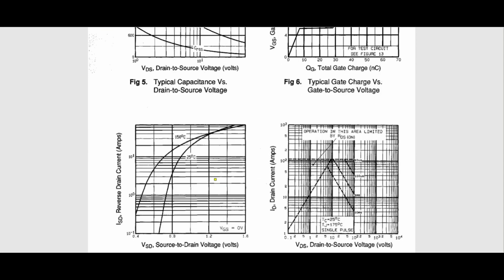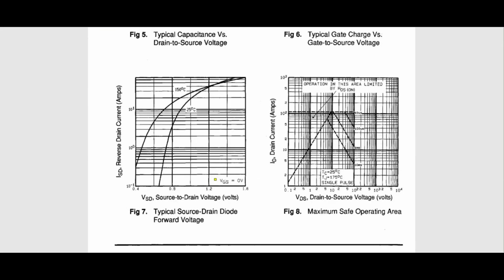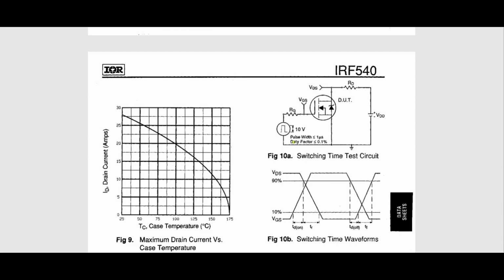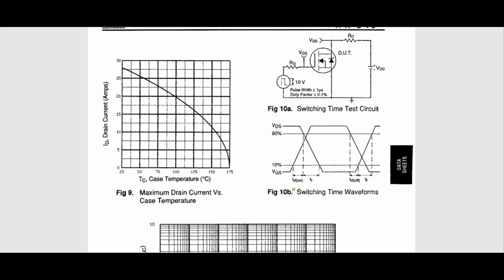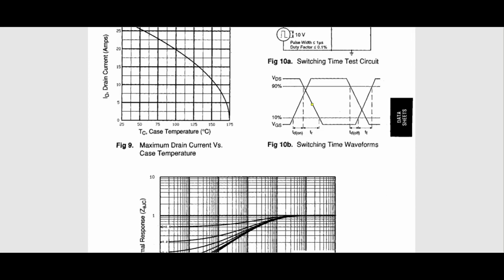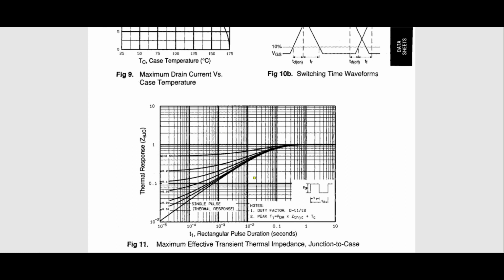There are a few other graphs that I will allow you to explore, and there are some test circuits for testing the switching time. You see the VDS waveform here and you have the VGS waveform. They have not given the ID waveform. This gives you an indication of the switching time waveforms, and you have the maximum effective transient thermal impedance, junction to case, and how it varies with the pulse duration.